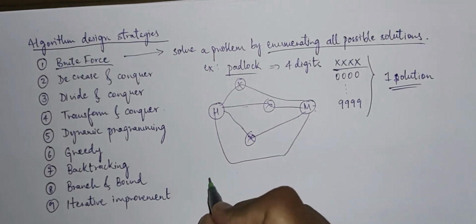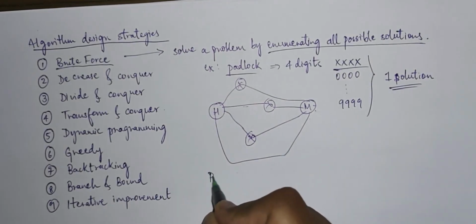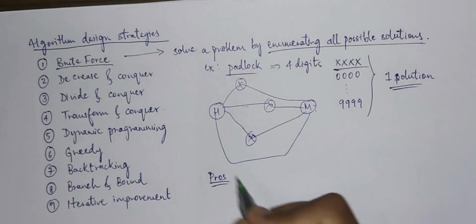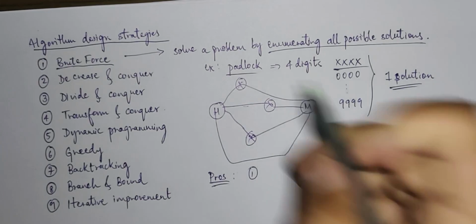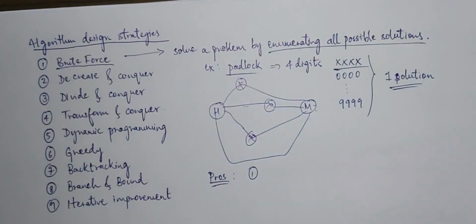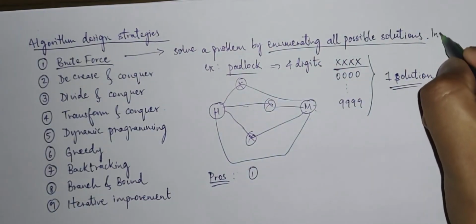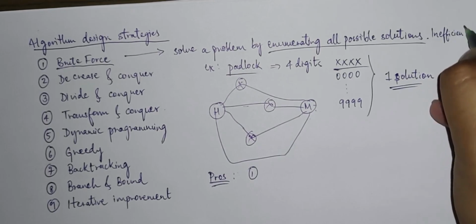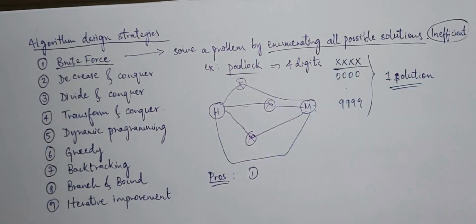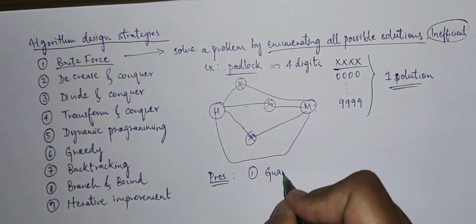So let's talk about some advantages and disadvantages of brute force, the pros and cons. We saw that this enumerates through all possible solutions, and that it is usually inefficient. So what would be the advantages? One advantage is that it always guarantees a solution.